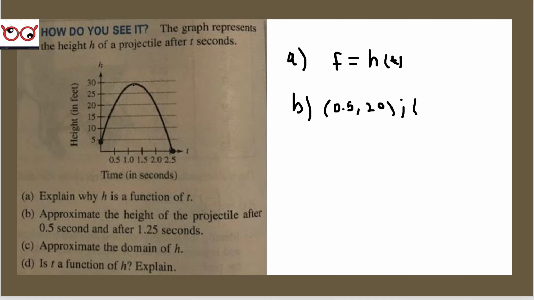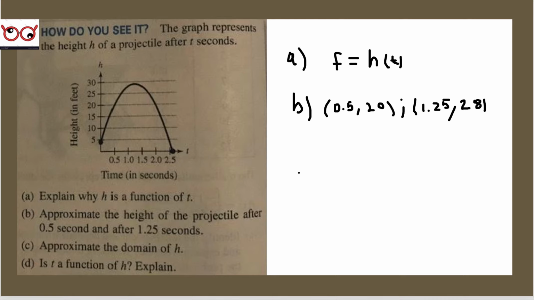It's 28 feet high, 27, 28, I don't know exactly, but it looks like it's somewhere there. With the eye it's very hard, but approximately it is 28 feet. In other words, between 1.0 and 1.5 is the middle. If I'm going here, the maximum is somewhere around between 25 and 30, but very near the 30, so it means it's around 28.